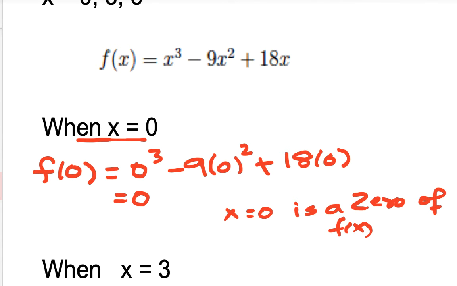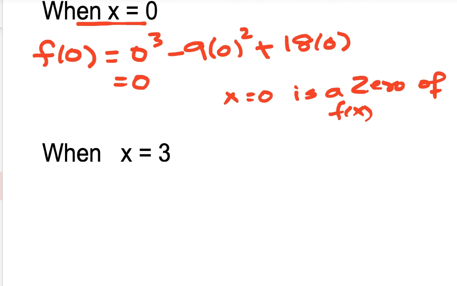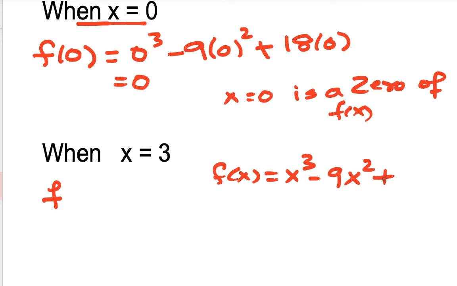Now let's test x equals 3. Now for x equal to 3, what you're going to do is replace. Remember, once again, my function f(x) is given by x cubed minus 9x squared plus 18x. Now if x equal to 3 is a zero, then we have to check f of 3.